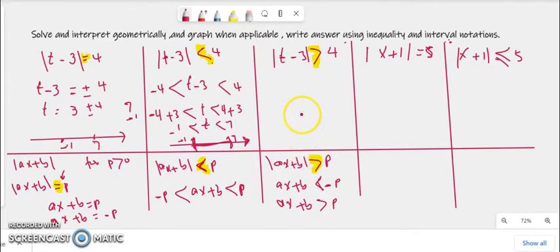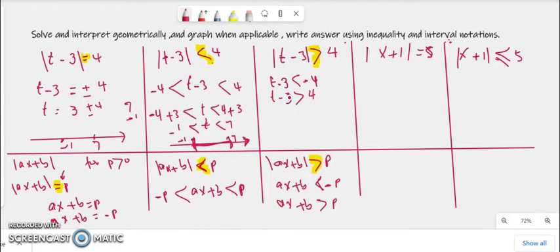So it's gonna be t minus 3 is less than negative 4, or t minus 3 is greater than 4.